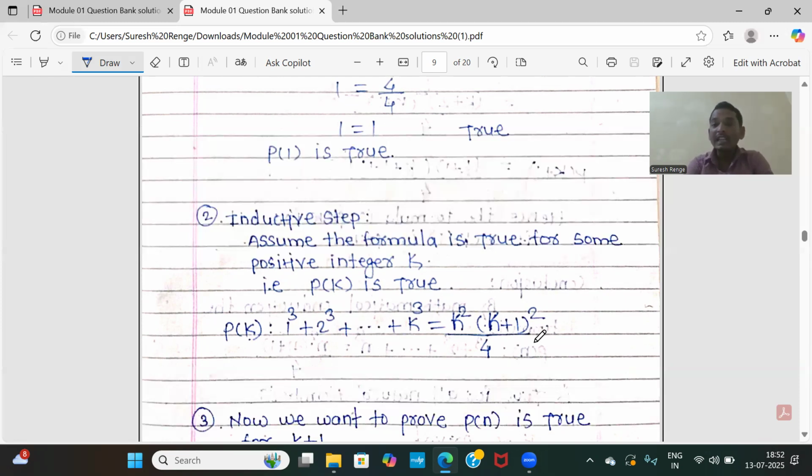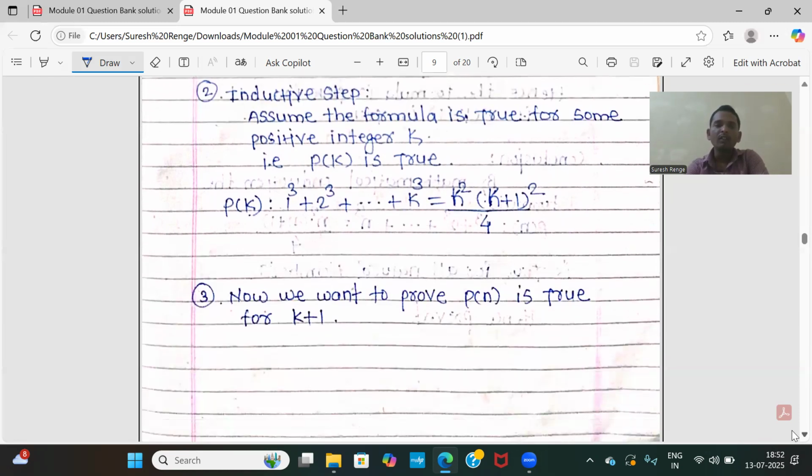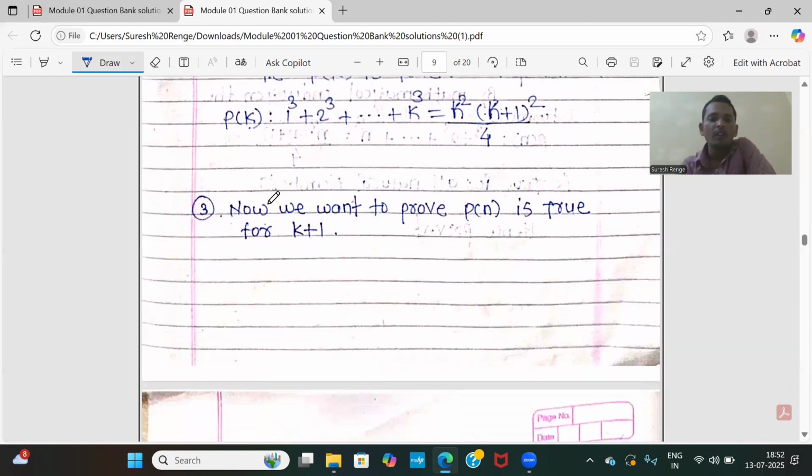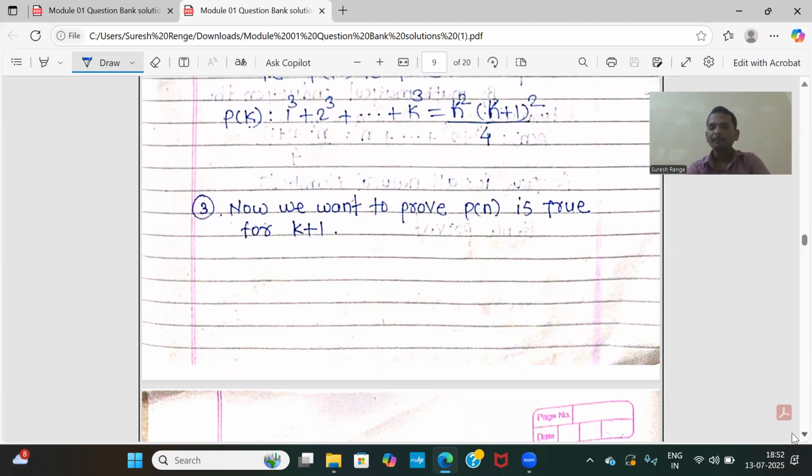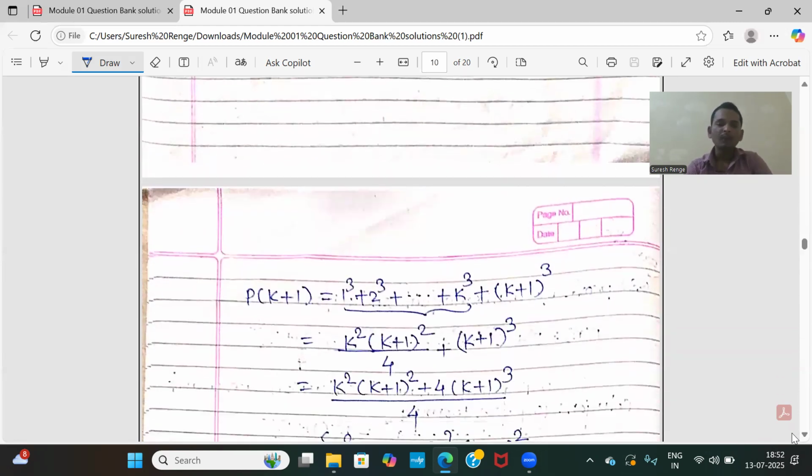Now, by using this second step, we want to prove the third step. Means we want to prove that the formula is true for n equal to k plus 1. Now in the third step, we want to prove that Pn is true for k plus 1, means for n equal to k plus 1, means P(k plus 1) is true.